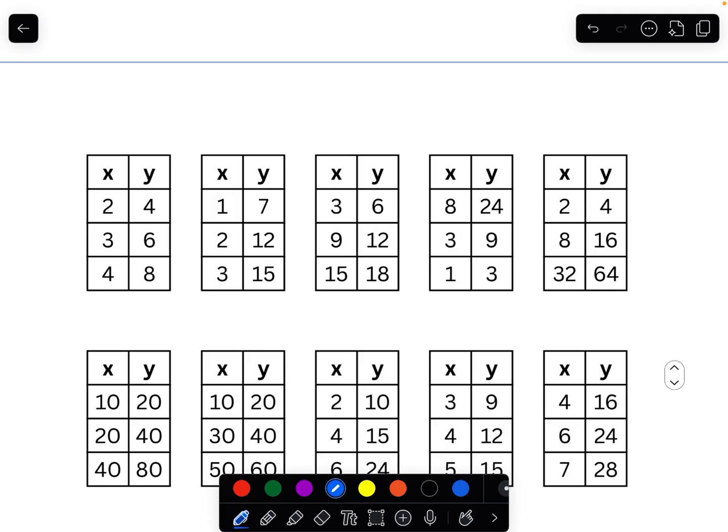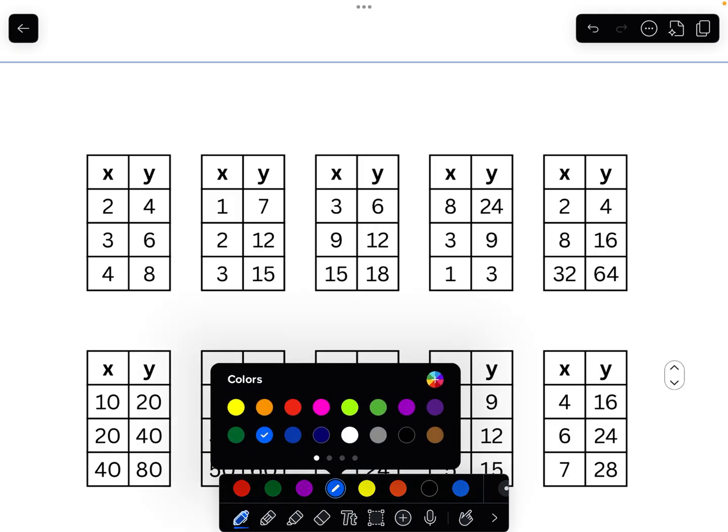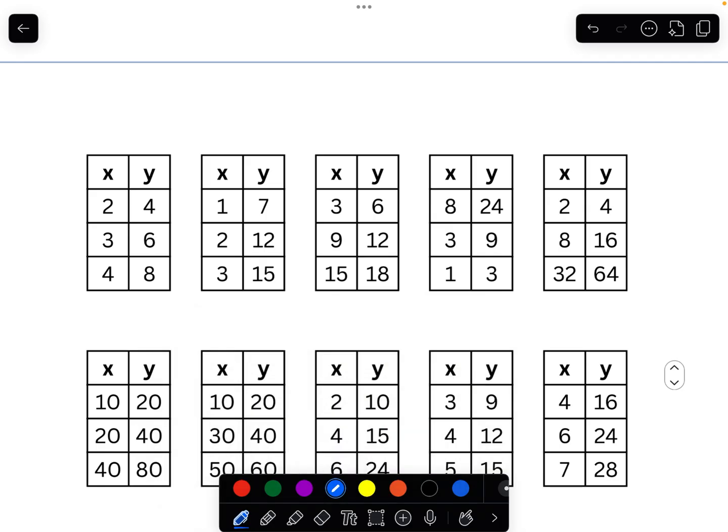And so what I'm going to do to figure out if these are proportional relationships is say to myself, okay, well, to get from 2 to 4, I had to multiply by 2. And then to get from 3 to 6, I had to multiply by 2 also. And to get from 4 to 8, I also had to multiply by 2. So we have a constant here.